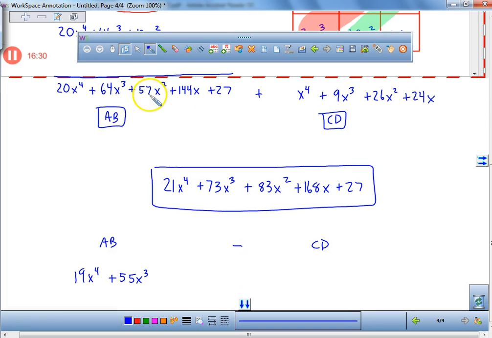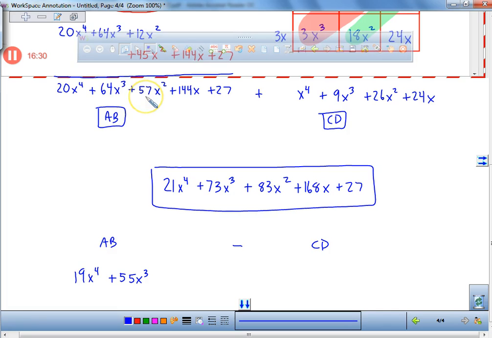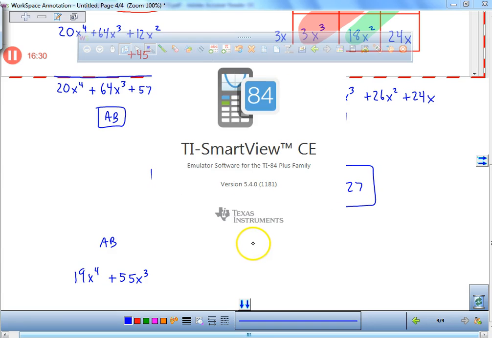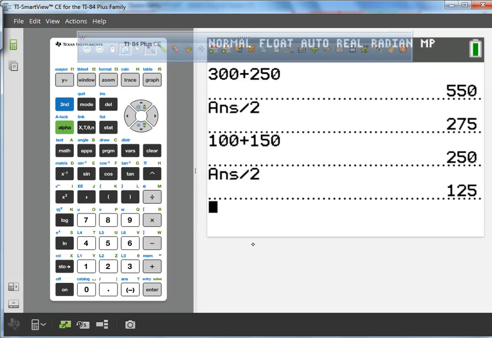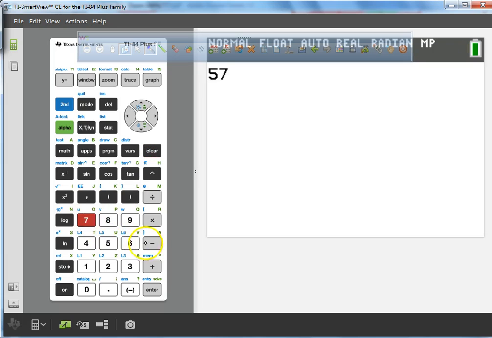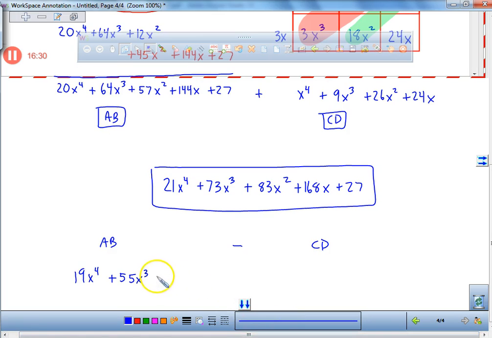Okay. So can you do 57 minus 26? They literally have calculators, and they're just depending on me. Wow. I'm just going to go to my calculator. This is making me sad. 57 minus 26. What is it? 31? All right. This is all I'm wanting my students to do right now. 57 minus 26. That's it. That's all I want. 31x squared. And they're letting me down.